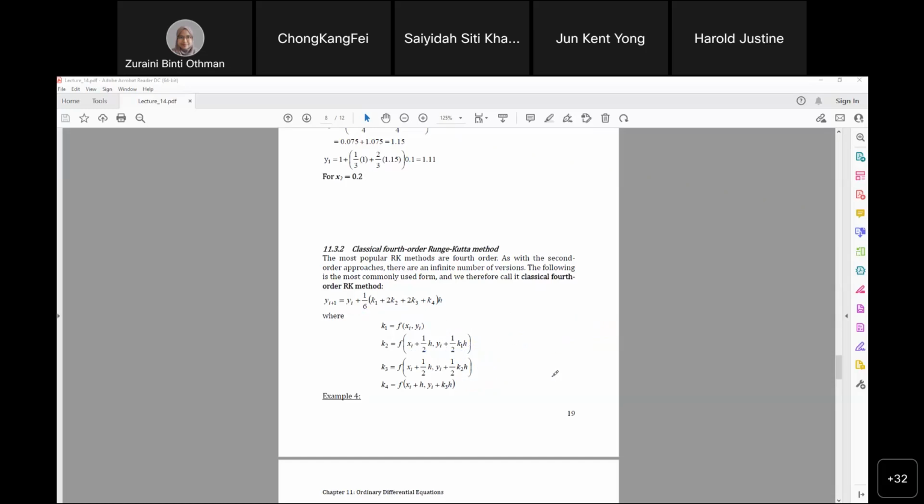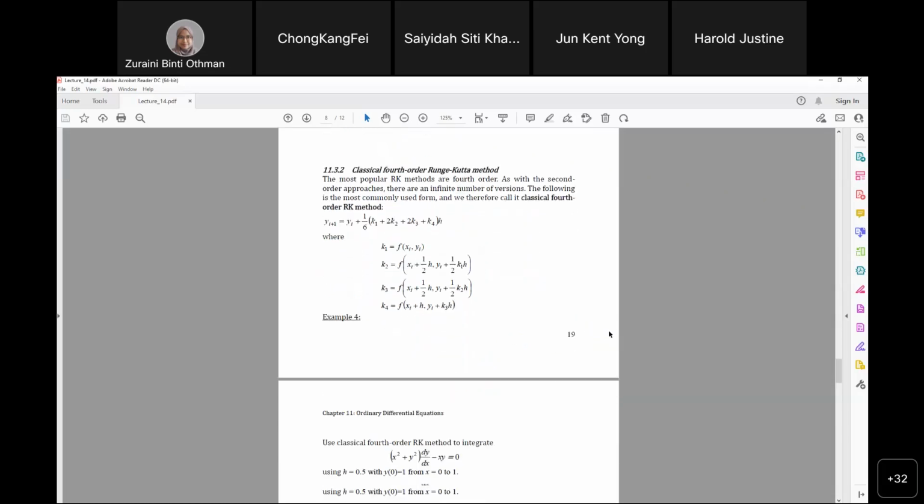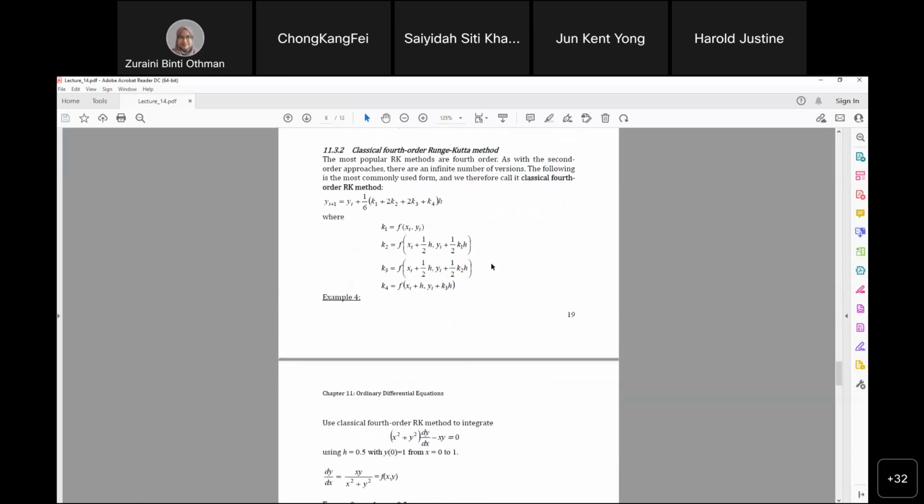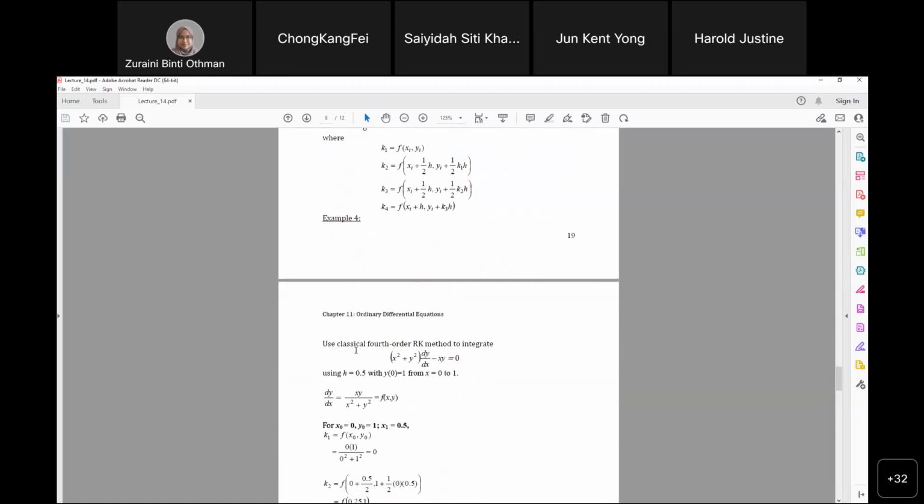Okay, if we look at the example here, it's quite complicated, but if you know already how to use this formula and you just follow the formula, tak ada masalah. Okay, so sekarang dekat sini, example dia. Kita tengok kat sini, dia dah cakap classical first order Runge-Kutta. Okay, but the question here, bagus dia bagi soalan macam ni.